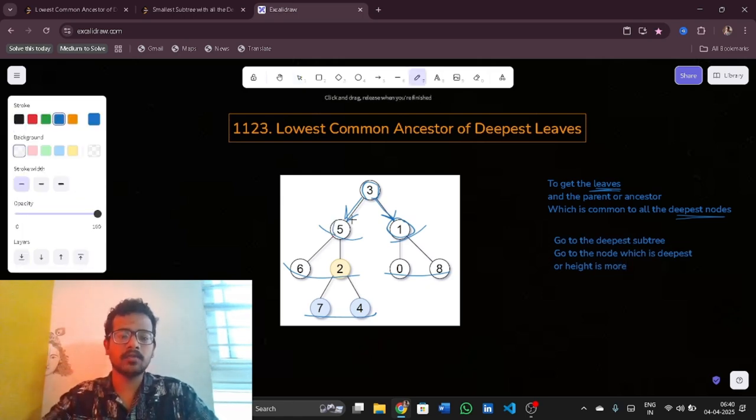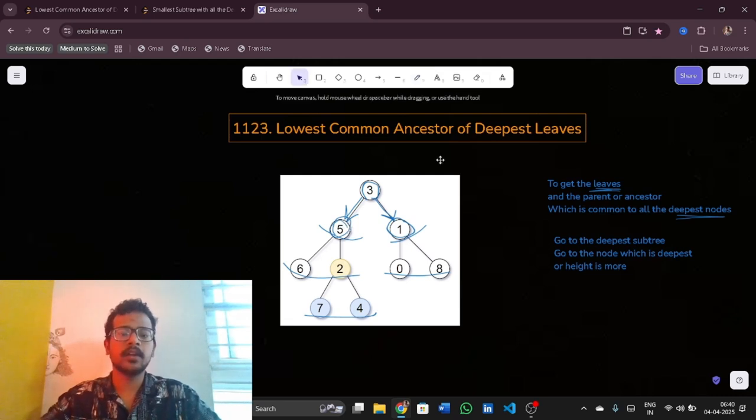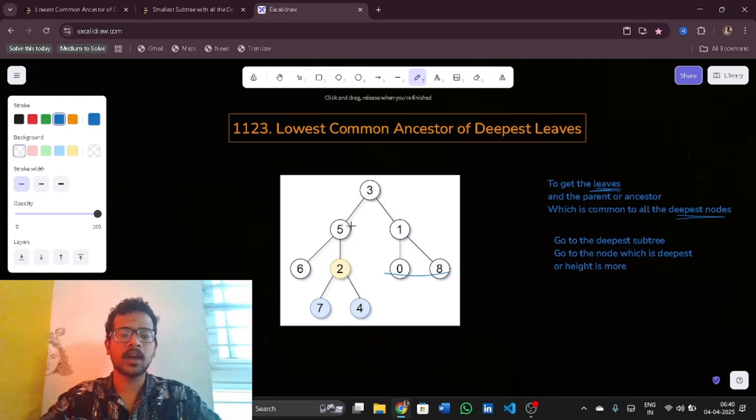If I go here, what would happen? Now I'm at node 5. Here also I have two subtrees, one left and the other right. Now, left has a depth of 1 and right has a depth of 2.